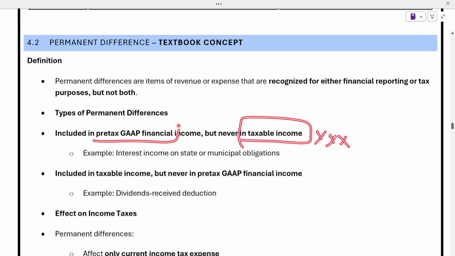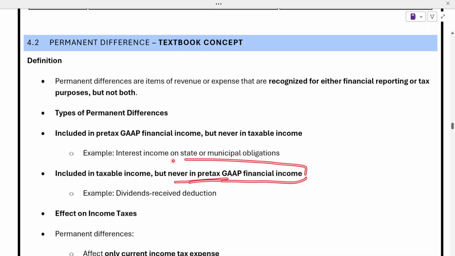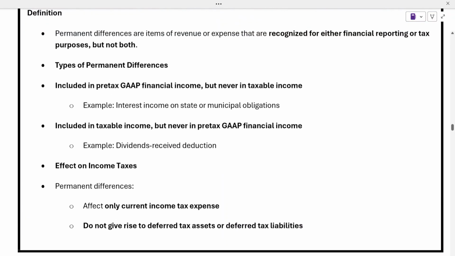But in GAAP, that will be shown as income. Next, included in taxable income but never in pre-tax GAAP financial income. The dividend received deduction is one example, as we have seen above, and the detailed rules for them will be covered in a separate session, but this is there.